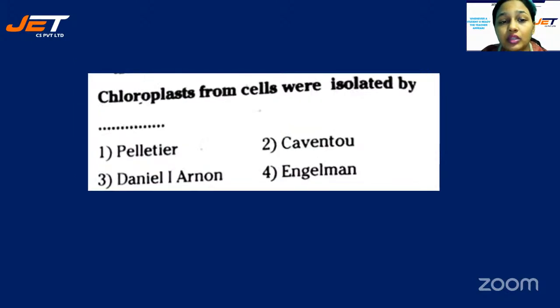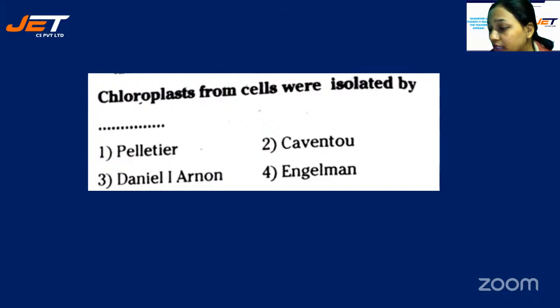Next question. Chloroplasts from cells were isolated by. And your options are Pelletier, Kevin 2, Daniel 1 Arnon, or Engelmann. Chloroplast from cells was isolated by whom?